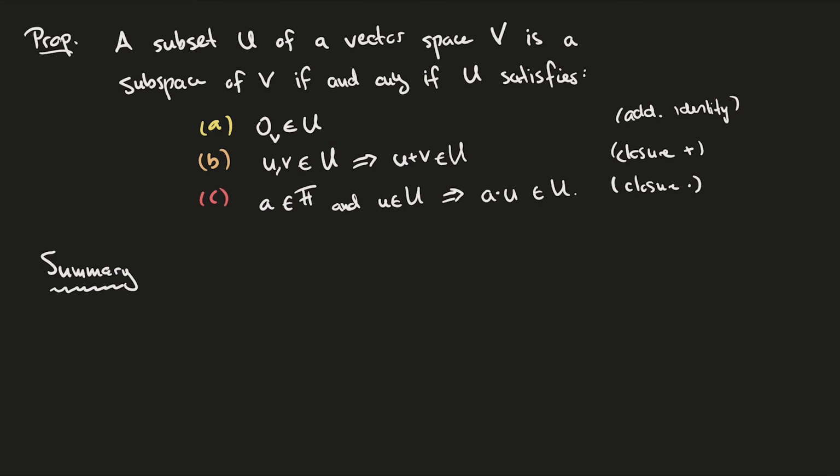Let's summarize what we've seen in this video. We defined a subspace U of a vector space V to be a subset of V that is also a vector space with respect to the same operations.